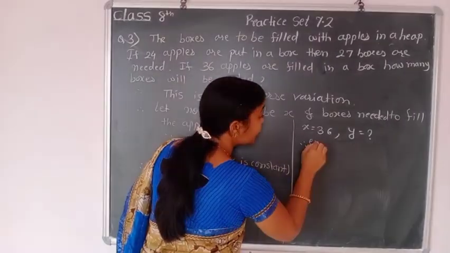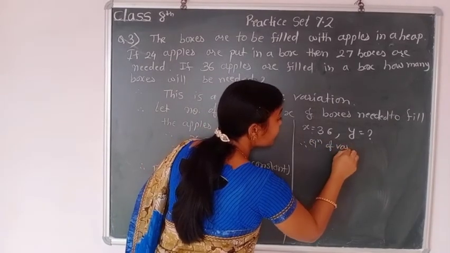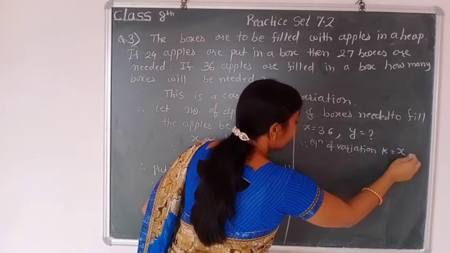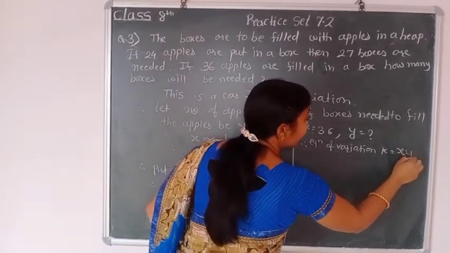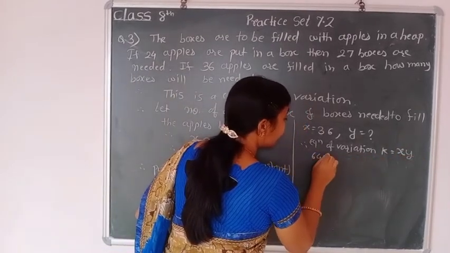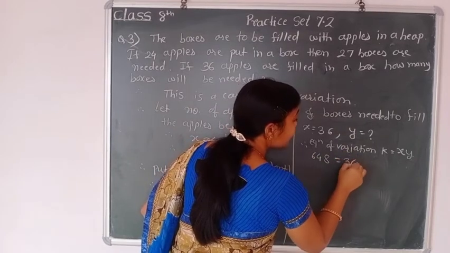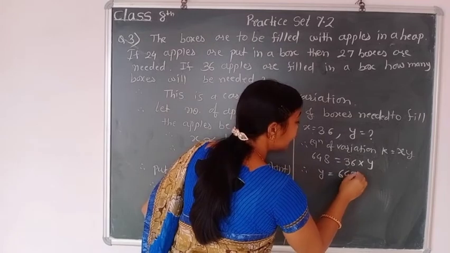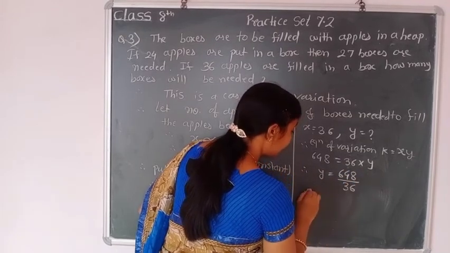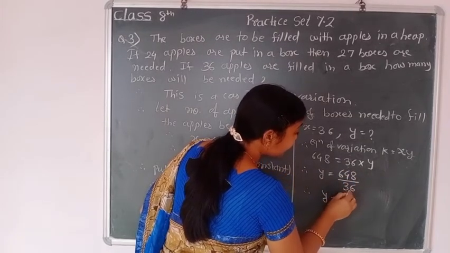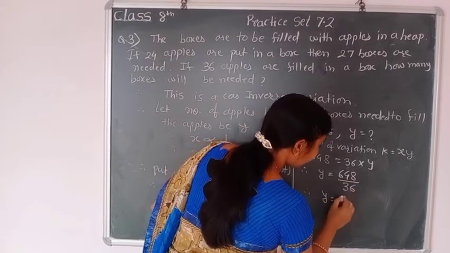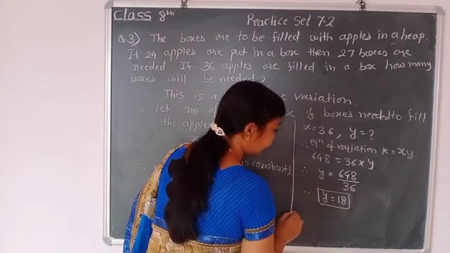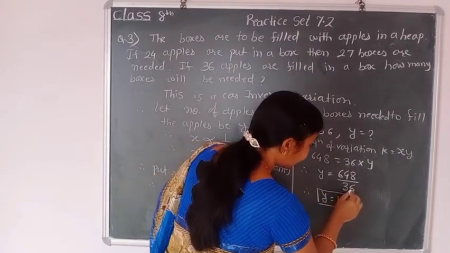Therefore we write the equation of variation: k is equal to x into y. 648 is equal to 36 into y. Therefore y is equal to 648 divided by 36, and therefore y is equal to 18.